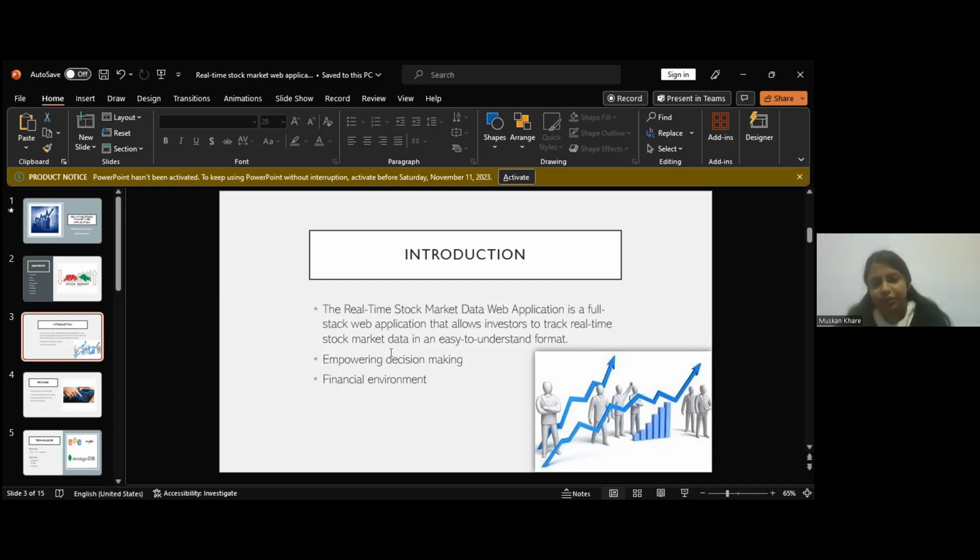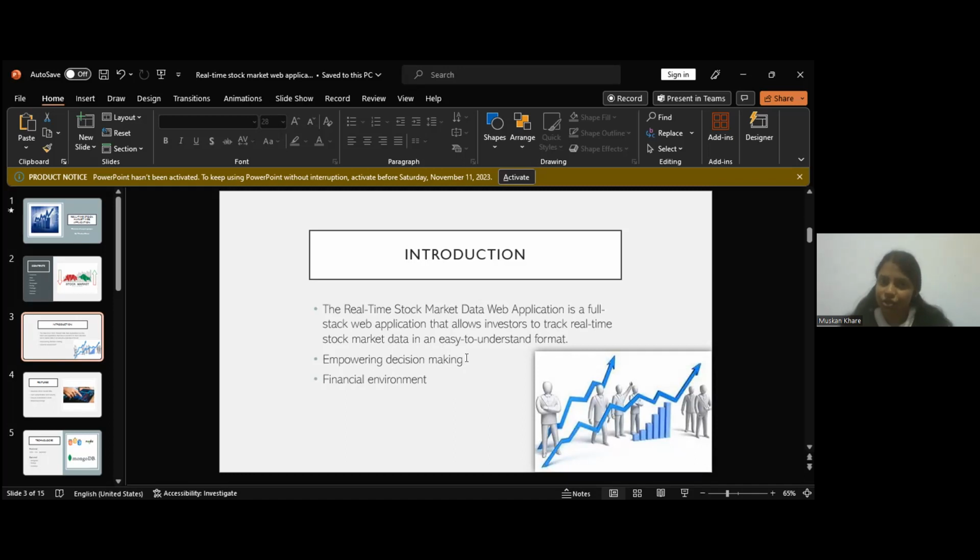They can use it if they are starting a career, and it empowers decision making. Users can make their decisions very well, as this gives the idea of profit and loss and the status of their stock.